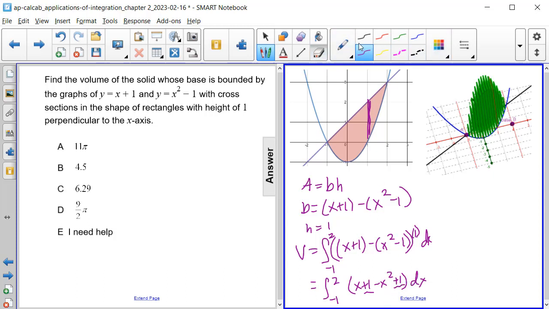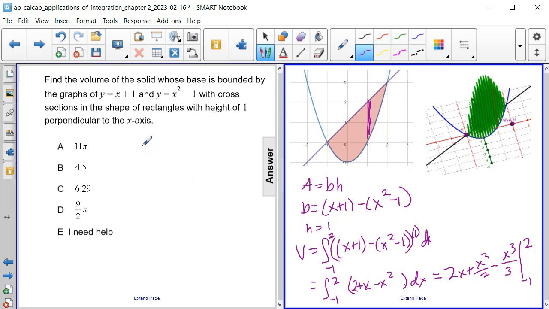So I'm going to erase the x at the beginning, and I'm going to put 2 plus x minus x squared. And now we can actually integrate. We're going to have 2x plus x squared over 2 minus x to the third over 3. And we're going to evaluate this from negative 1 to 2.